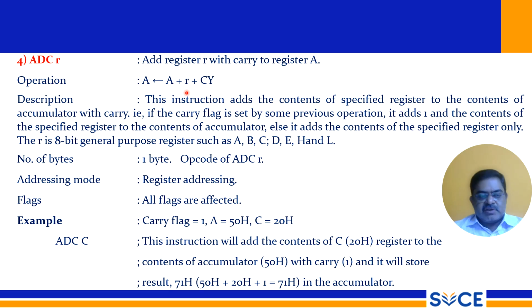It is also register addressing mode, and all flags are affected. Here the carry flag is 1, A is 50, and C is 20. 50 plus 20 plus 1 is 71H, which will be stored in the accumulator.